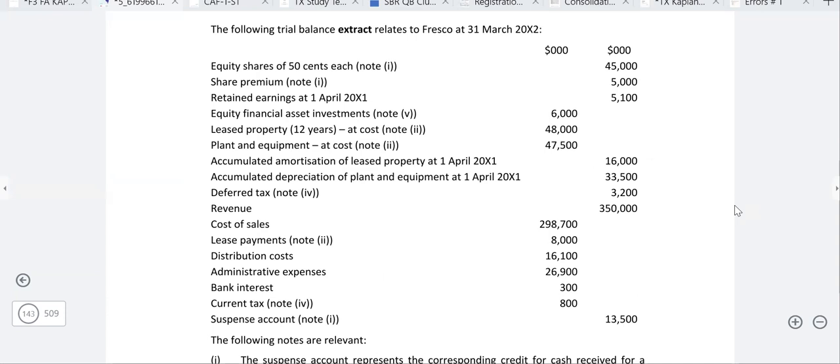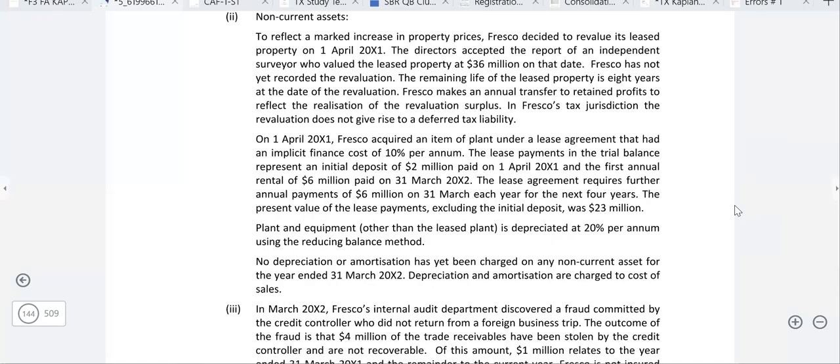So let's go to the note number 2. On 1st April 20X1, Fresco acquired an item of plant under a lease agreement that had an implicit cost of 10%. And you will find that every question is the same. The lease payment in the trial balance represents an initial deposit of 2 million and the first annual rental paid on 31st March 20X2.